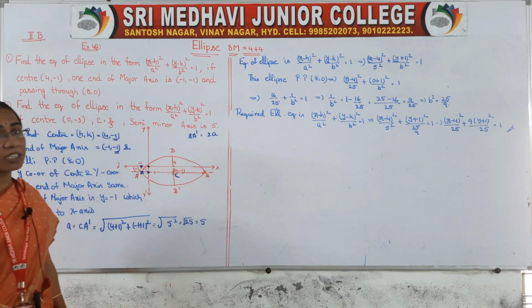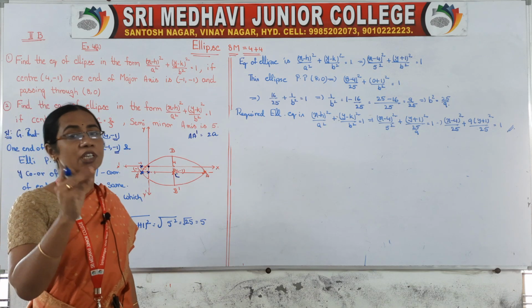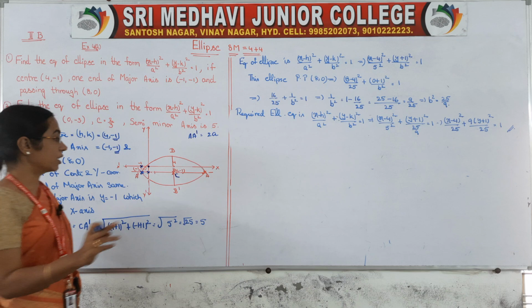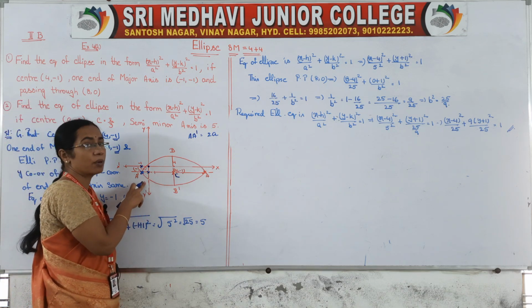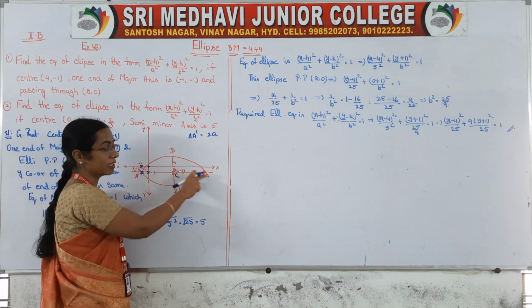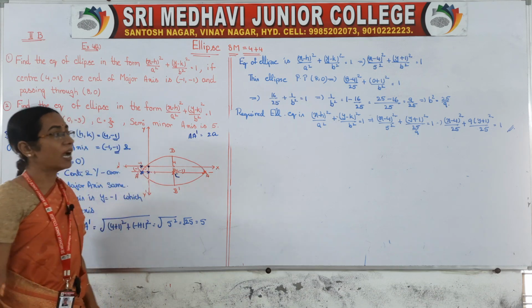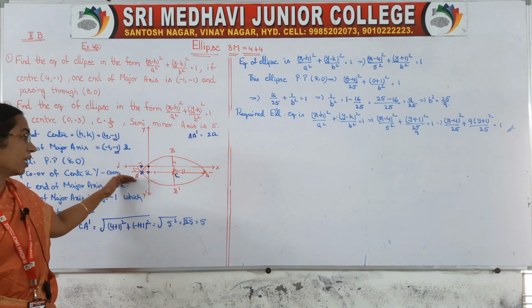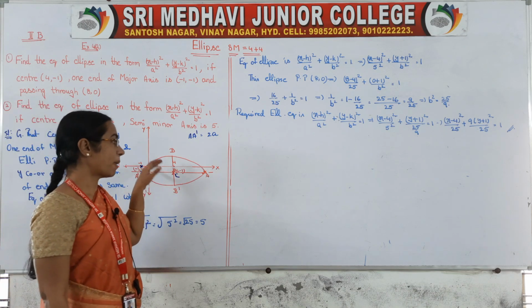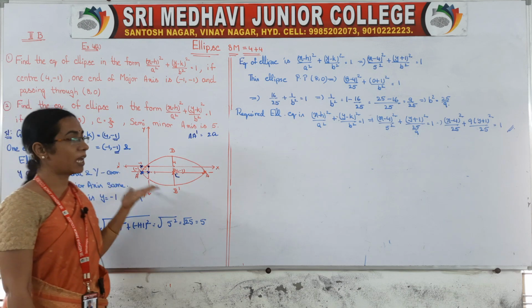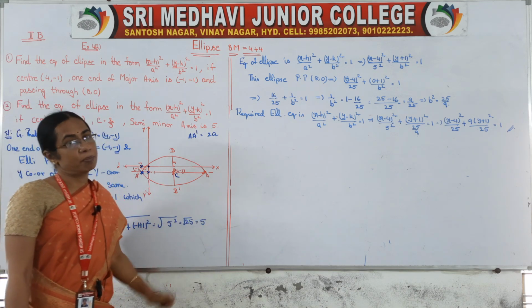If B B dash is the major axis, the distance from center to one end is small b. Be careful. So A A dash is the major axis. Whenever the axis is parallel to the x axis, that will be the major axis. When the axis is parallel to y, that will be the minor axis.